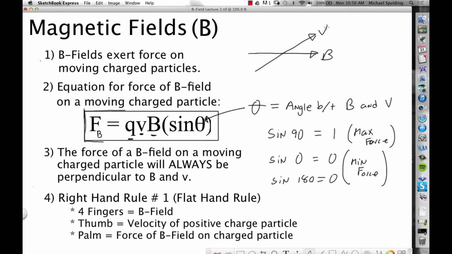So let's say the magnetic field is traveling towards that back wall. Okay? It's going that direction. The velocity of the charged particle is towards the screen, like this. So in this situation, which way would the force on the charged particle be?